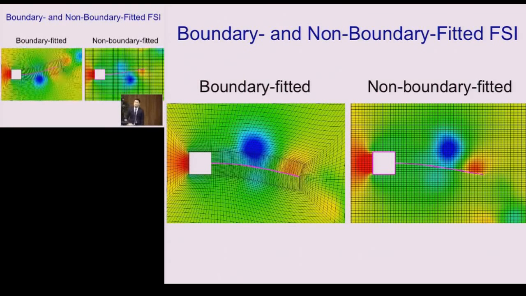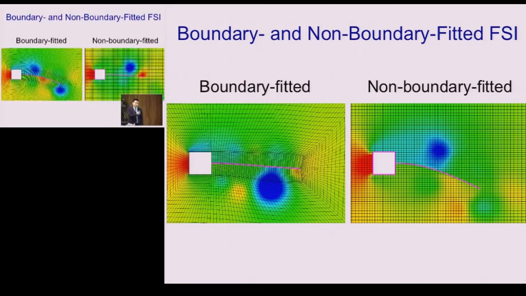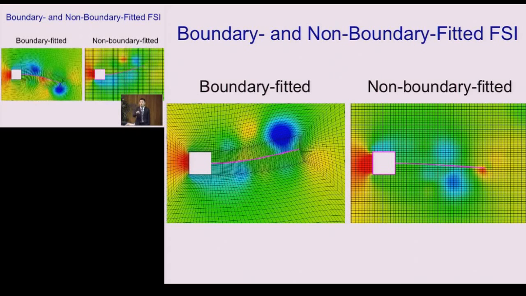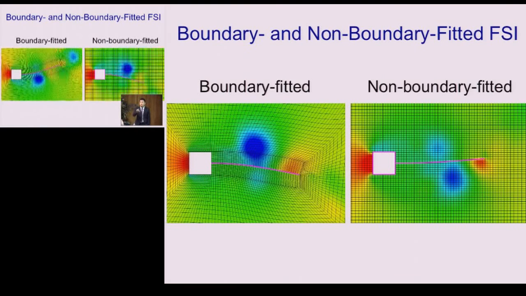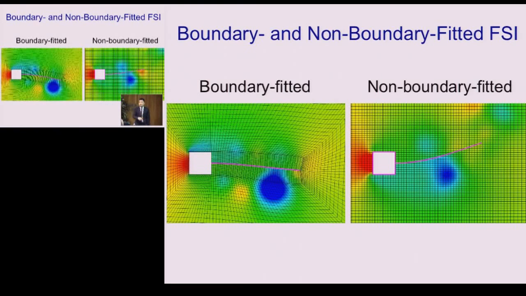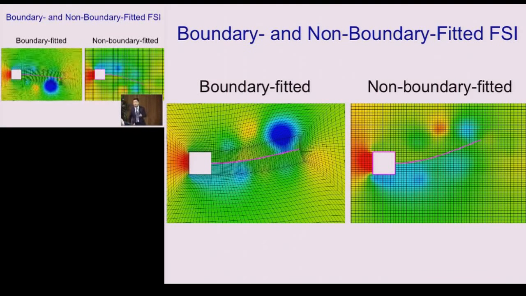But for a boundary-fitted approach, this is no longer a penalty term. It's a stabilization term, so you can do an inverse estimate to find the value of this stabilization parameter. You can find the lower bound and pick a value to stabilize your formulation. That's why, in Nitsche's method or this non-matching FSI formulation, it is no longer a penalty term.